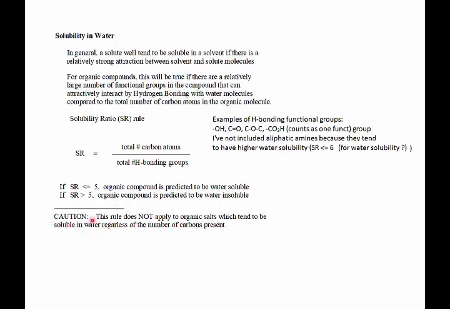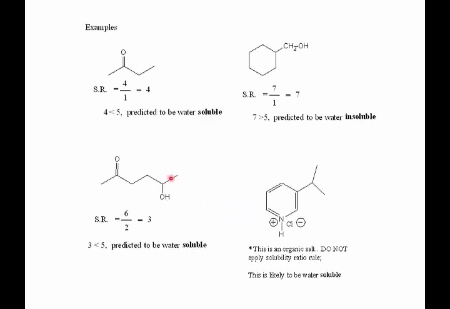The overriding exception to the solubility ratio rule is this: if you have an organic salt, do not apply the solubility ratio rule at all, because in general, organic salts tend to be water soluble regardless of the number of carbons that are present, regardless of the calculated value of SR. So, all right. With that in mind, let's look at the next slide, at these examples.